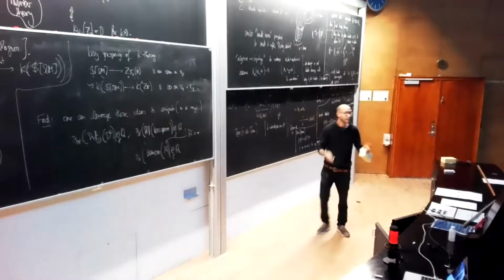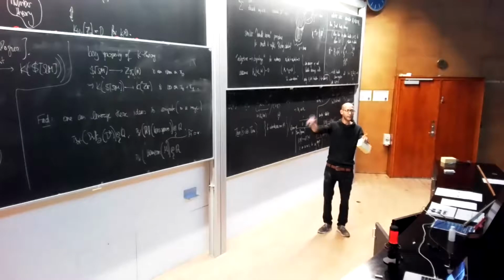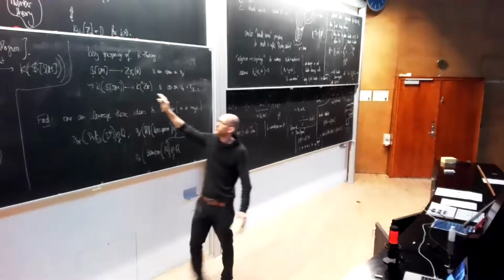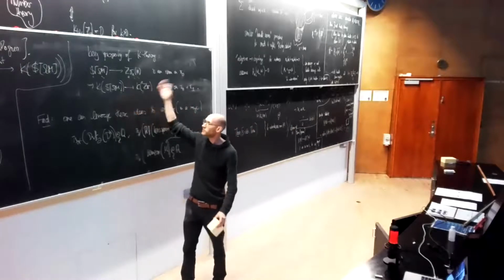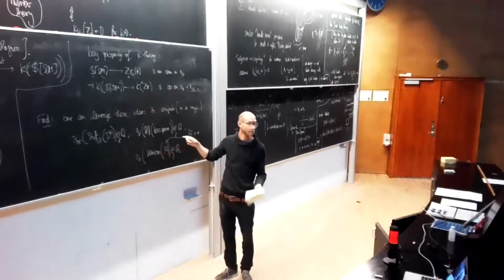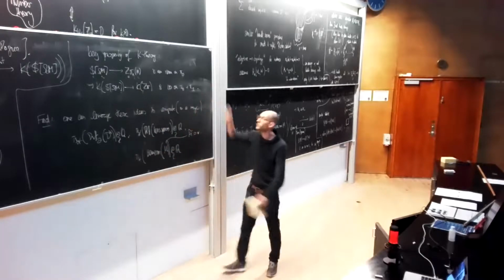Unfortunately, if you want to localize the sphere at anything to become like Z, or a localization of Z, you actually have to do all primes because it has torsion for all primes appearing. So this principle will not help you with anything better than rational calculations in principle. So this is the property of K-theory.